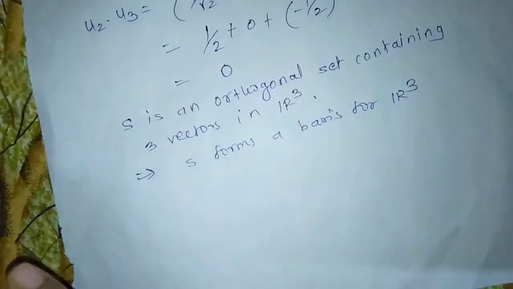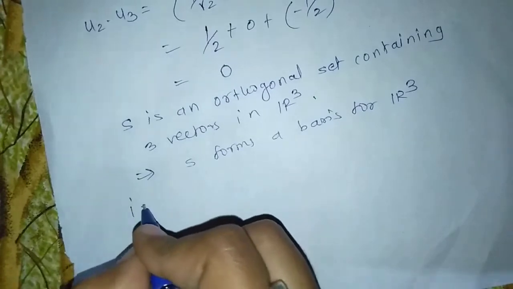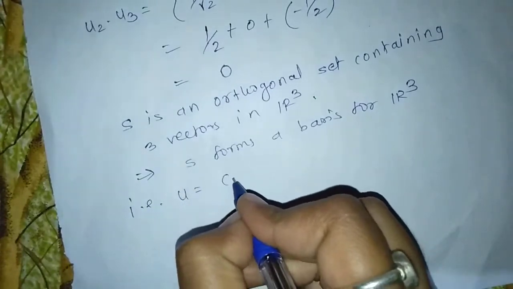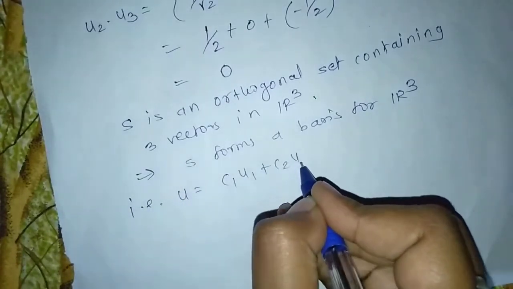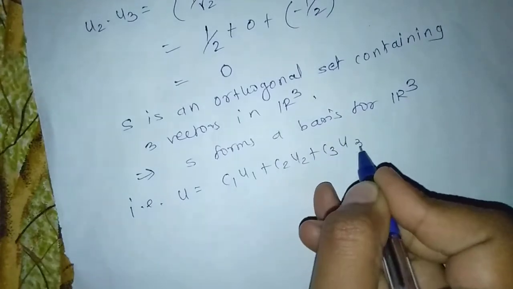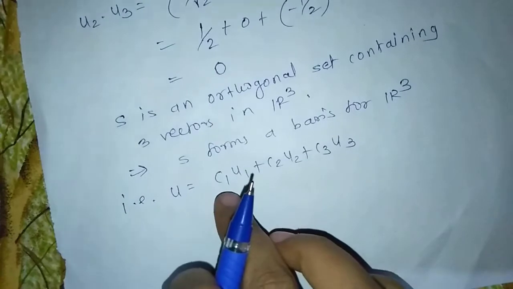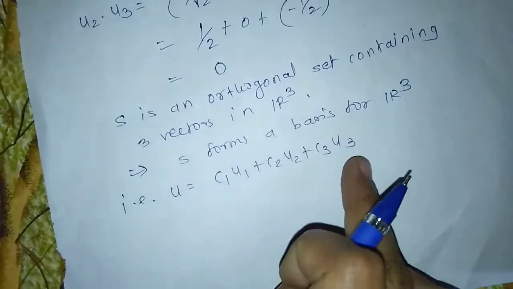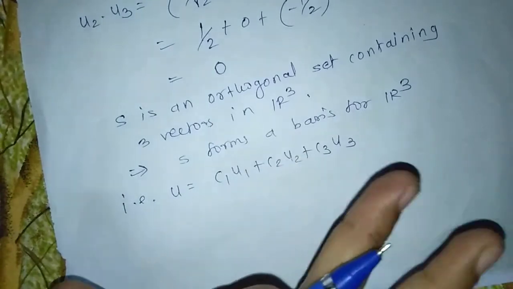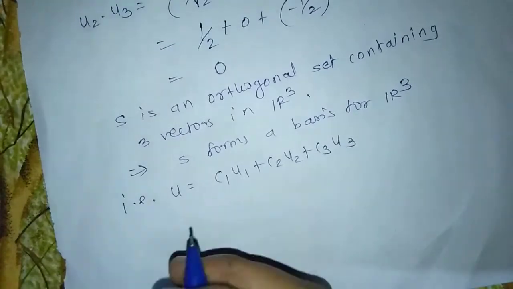Hence the vector u is a linear combination of the basis vectors, that is u equals c1 u1 plus c2 u2 plus c3 u3. Now we find the coordinate vectors. That means we have to find the values of c1, c2, c3. This is the coordinate of u relative to S.